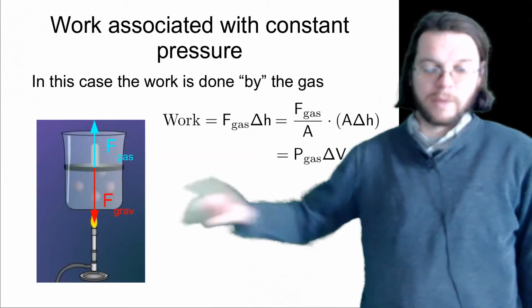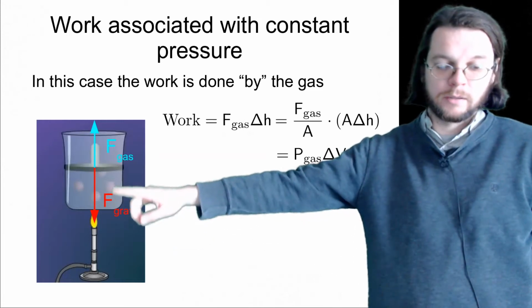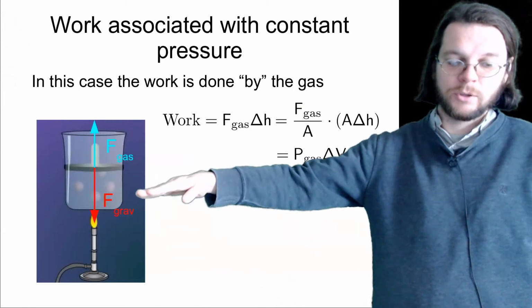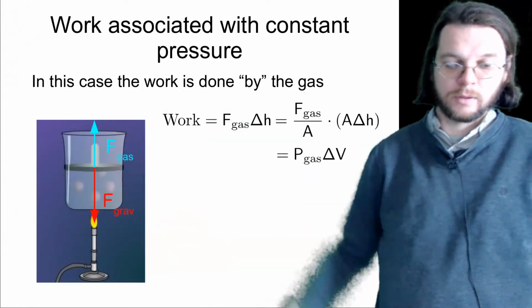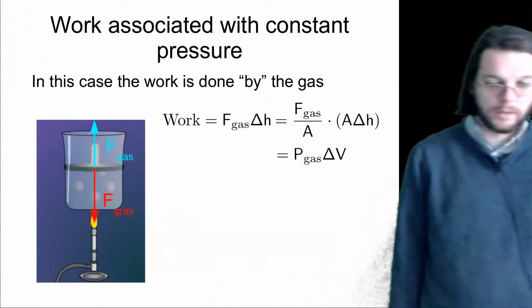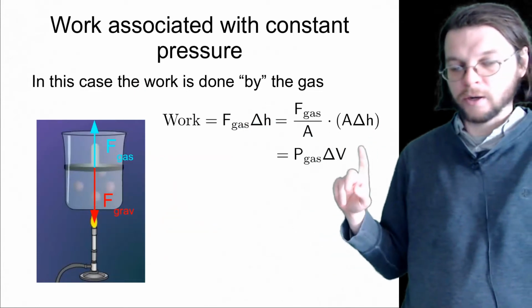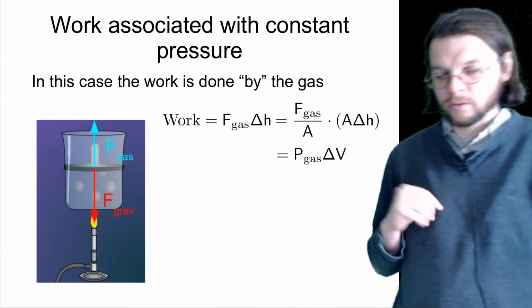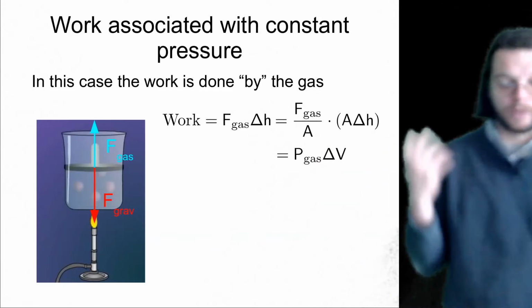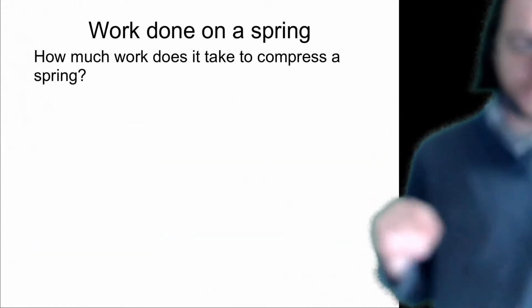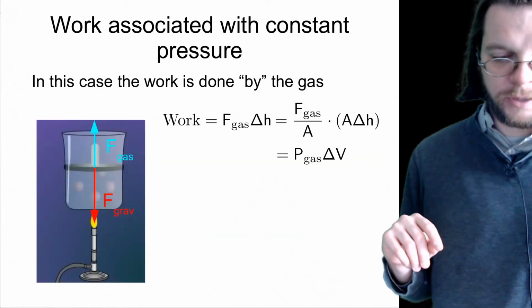And so what matters is the pressure of the gas on this plunger times the change in volume as it rises. I could have left it as the area times the change in height, but it's slightly more general to write it as the change in volume. So there you go. That's the work done by the gas.